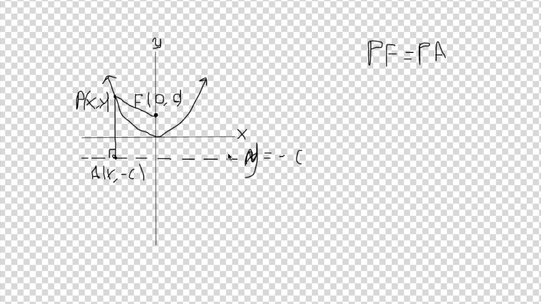Using this knowledge, we are then going to use the distance formula, which hopefully you should know. So we're going to do the square root of x minus 0 squared plus y minus c squared.